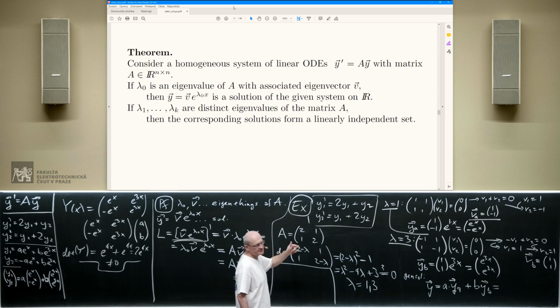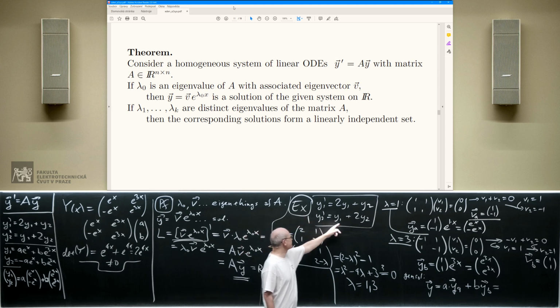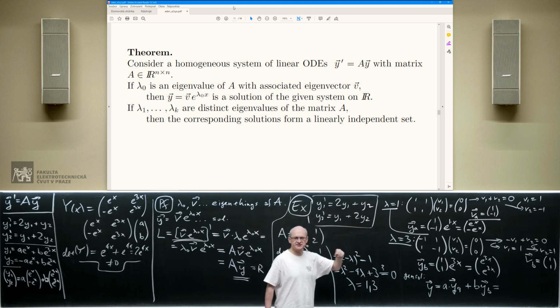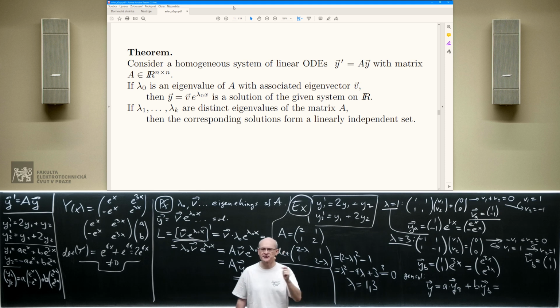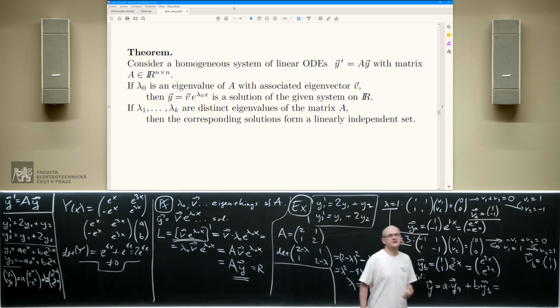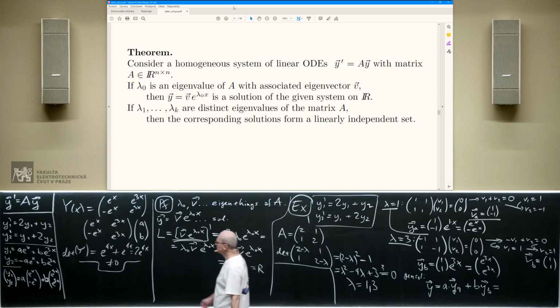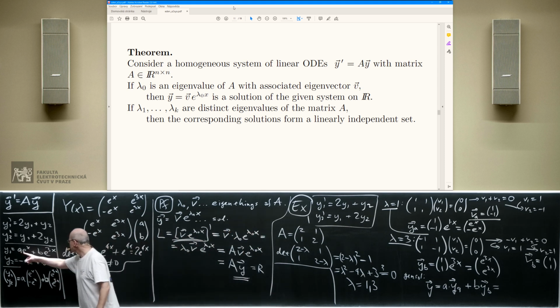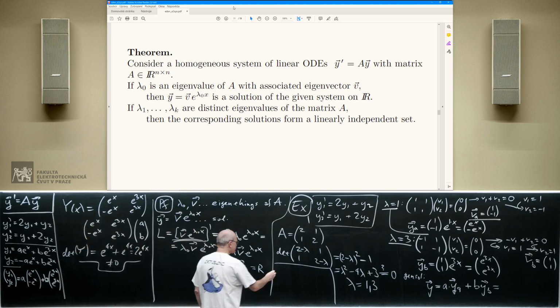The answer is yes. When you have a homogeneous system of equations, there is always a stationary solution, namely the trivial one. If you put 0 for a and b, you get a 0 vector. You get functions y1 equal to 0, y2 equal to 0. That's a stationary solution.